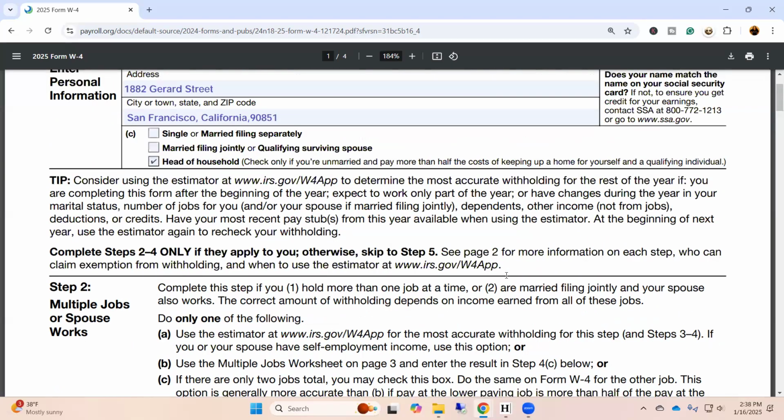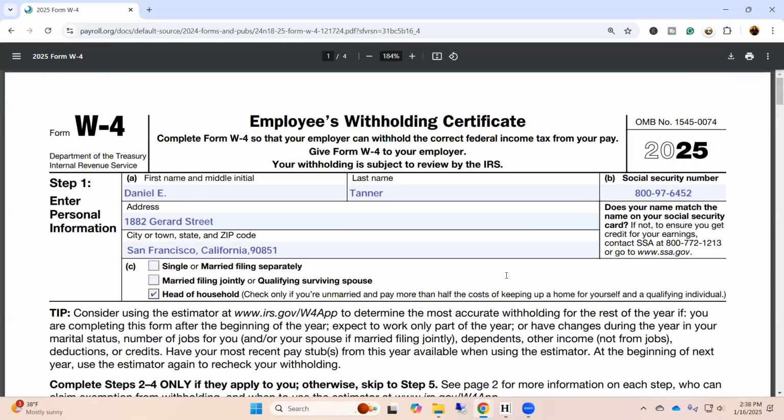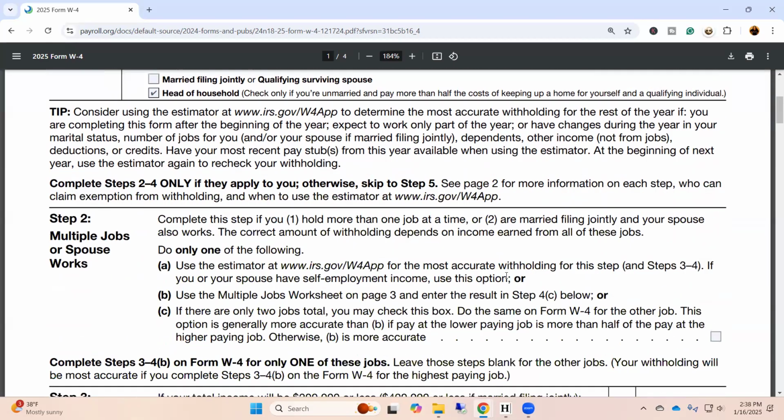And then last but not least, remember again, the standard deduction for head of household in 2025 is $22,500. That means you're not going to be taxed on the first $22,500. So if you make, let's say, $40,000, right?